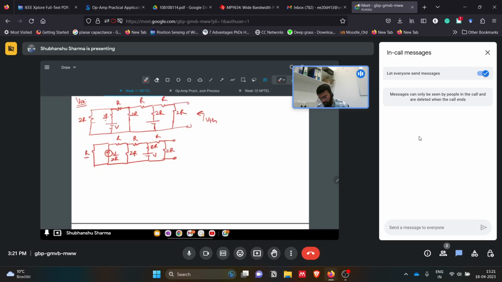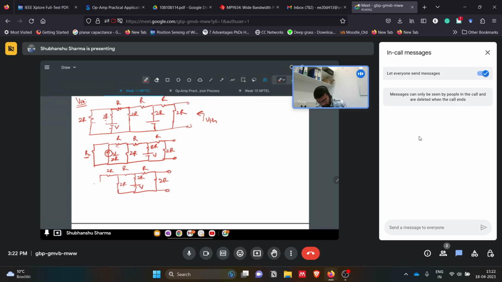Okay, so now we got this R. Then again we'll come back to the original. So this will come in series with this R. So it will be 2R here, 2R, R here, 2R, V, R, it is 2R here.